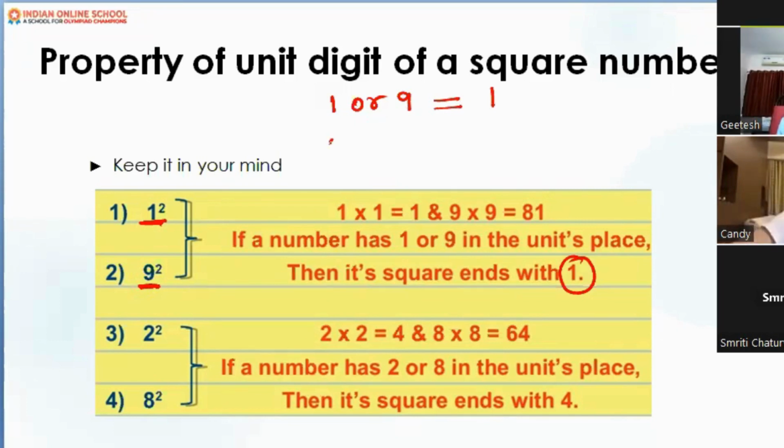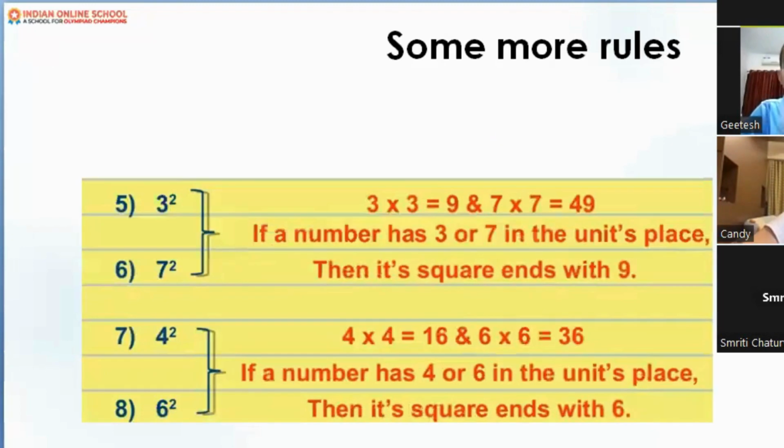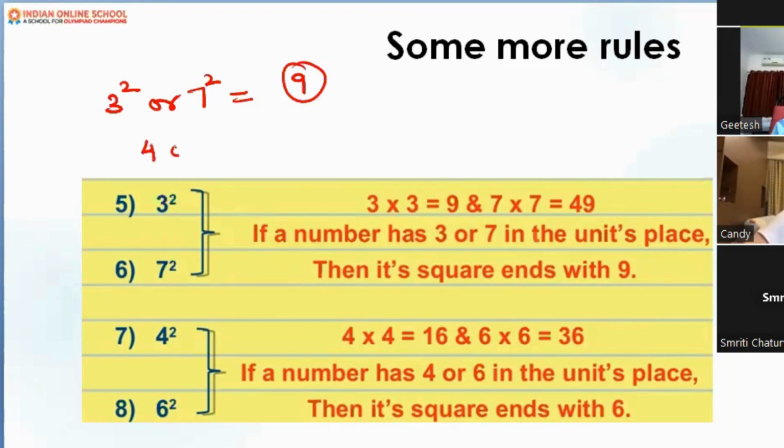If a number ends with 2 or 8, the square of that number is going to end with a digit 4. If a number ends with 3 or 7, the square of that number is going to end with the digit 9. If the number ends with 4 or 6, the square of that number is going to end with the digit 6.